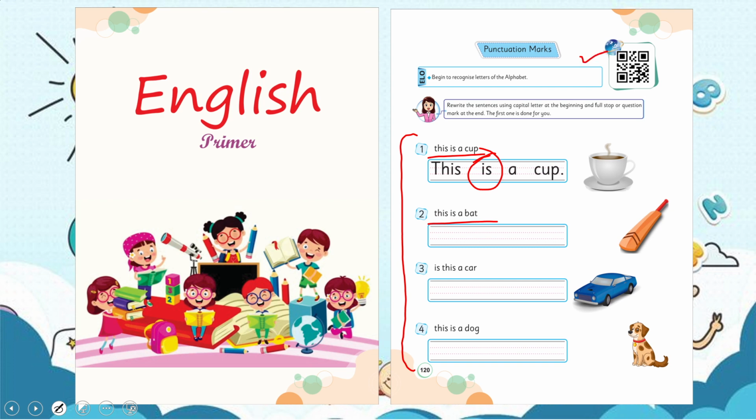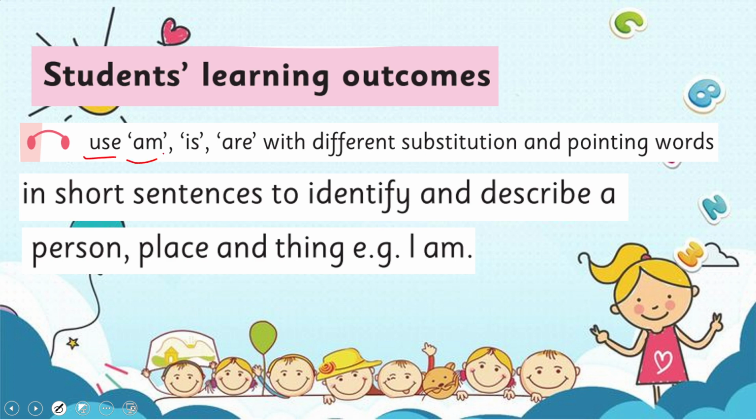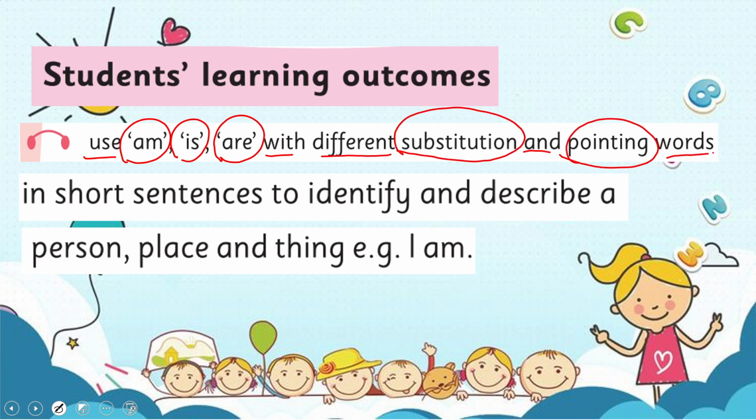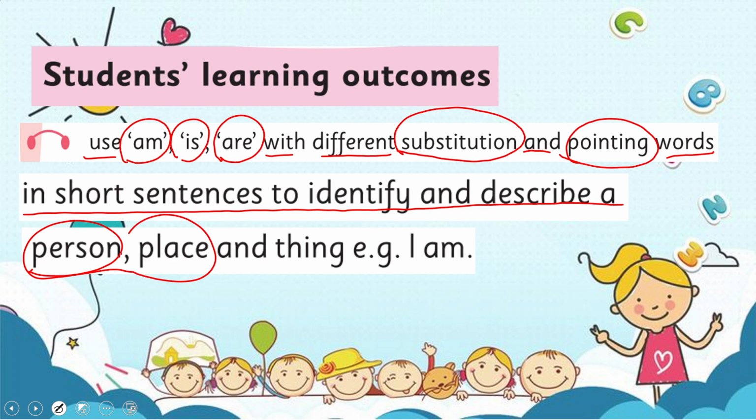So let's learn further to use am, is, are with the different substitution and pointing words in short sentences to identify and describe a person, place, and thing. For example, I am. This is our today's SNO.